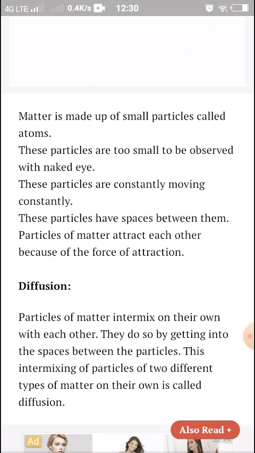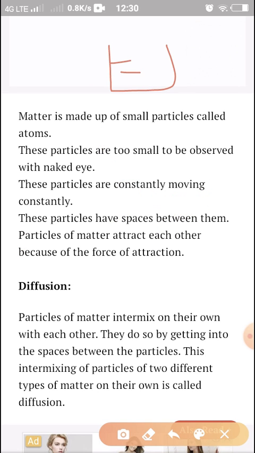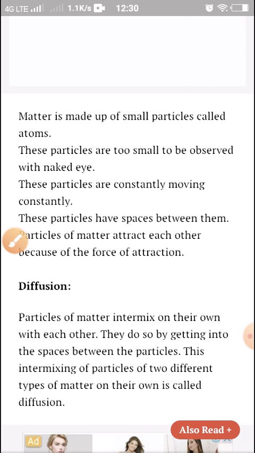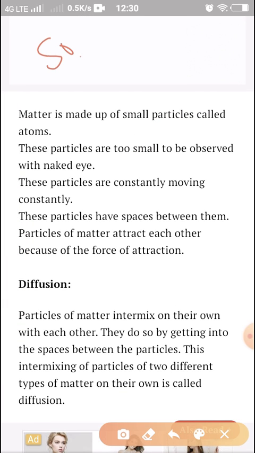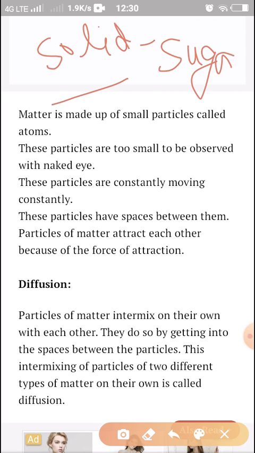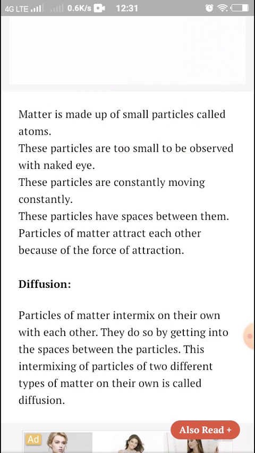So what would happen in the beaker? The water would get so sweet, right? Why? Because of diffusion of solid and liquid, right? The solid was the sugar, and the liquid was water.